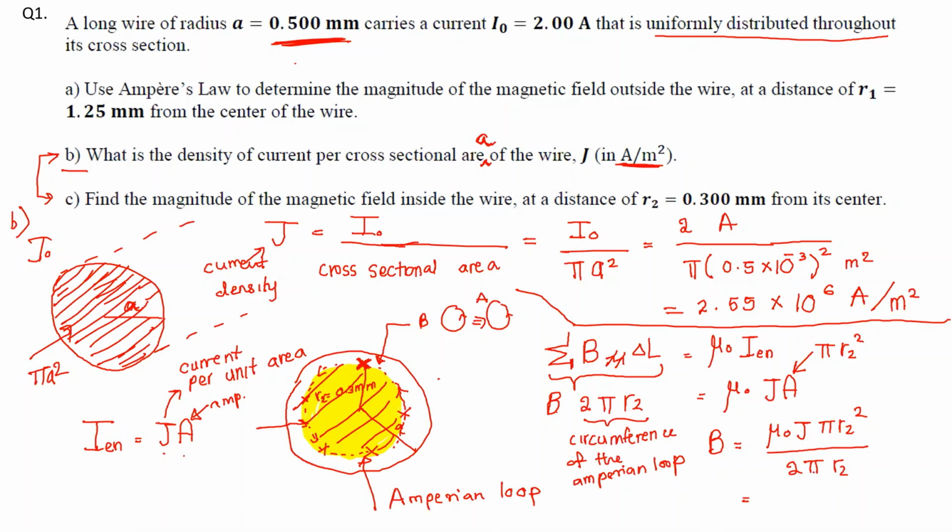Pi will get cancelled, one of the R2s will get cancelled, and we are left with mu naught J R2 divided by 2.